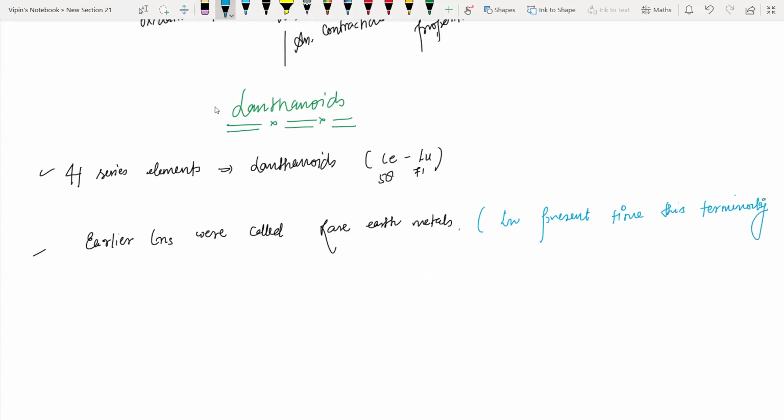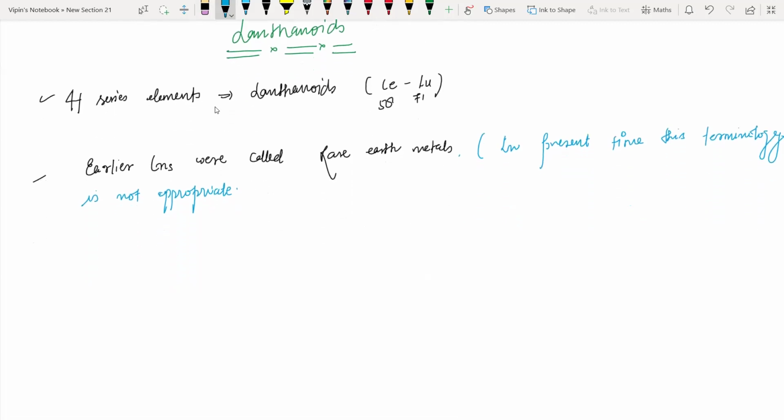So nowadays it is not good to call lanthanides rare earth metals.